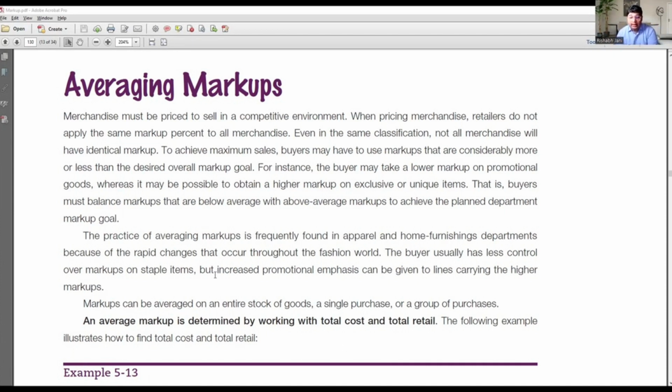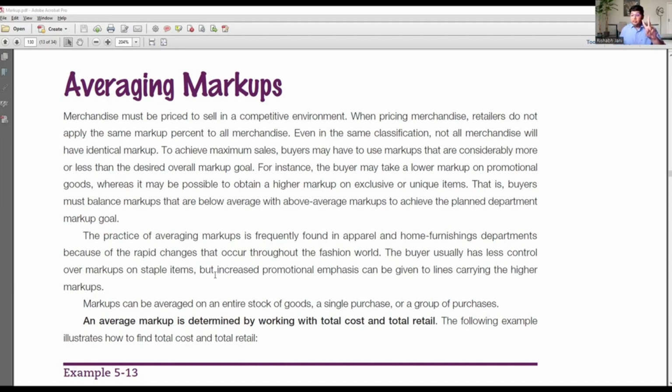But it's a good idea to have an average markup goal over a set amount of merchandise. And if you're able to achieve targets planned above, then good. And if you're getting below that certain markup goal, then there's something that you need to work on. So how do we calculate average markup? Well, average markup is determined by calculating two things: total cost and total retail.